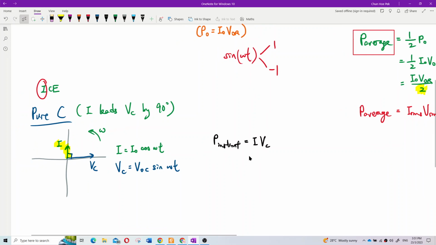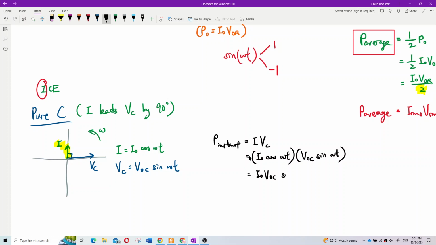So multiply these two, you know, physics cannot be separated from mathematics. So this is V naught C sine omega t. In the end, I get I naught V naught C, sine omega t cos omega t. My God, I have sine cos.